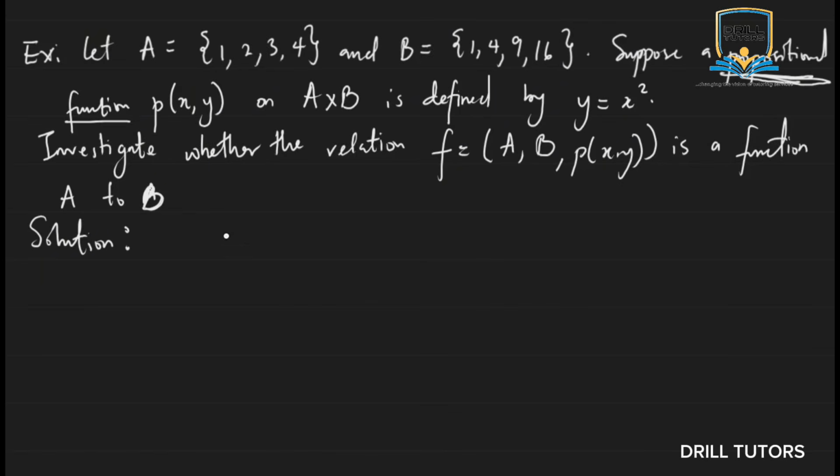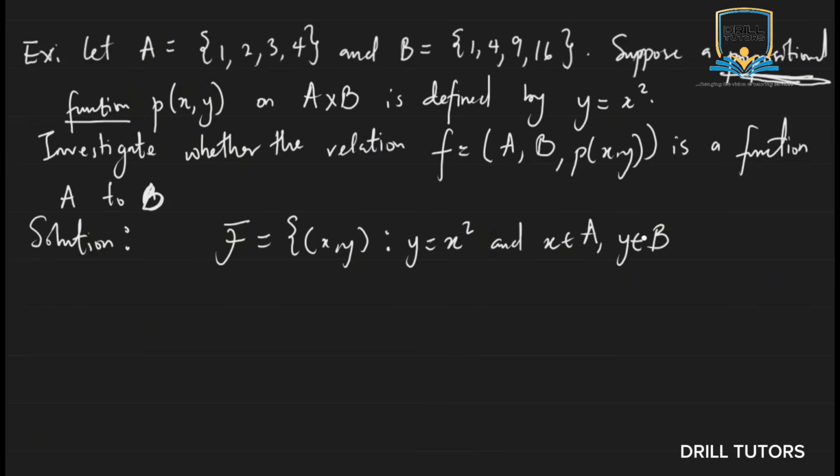Now, from what you know, our solution set F is actually defined on x and y such that y is equal to x squared. You know, from the question, it told us that the propositional function is defined on y equal to x squared. And of course, x is an element of A, y is an element of B. Now, let us check what is happening here.